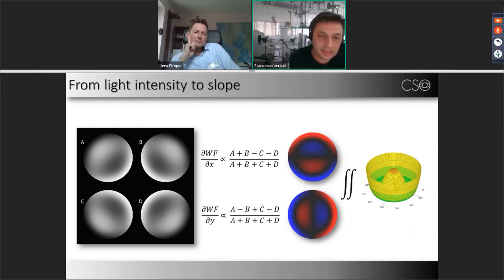The one in x is going to be the sum of the left subpupils minus the sum of the right subpupils, and the one in y is going to be the difference of the upper subpupils minus the lower ones. At this point, by means of a simple integration method, we can achieve the wavefront error.